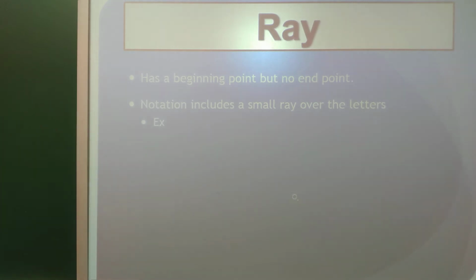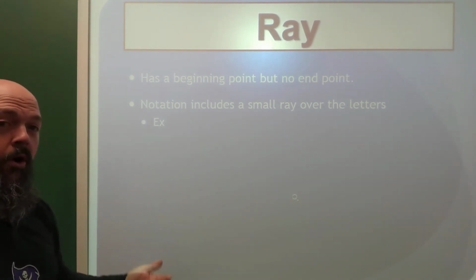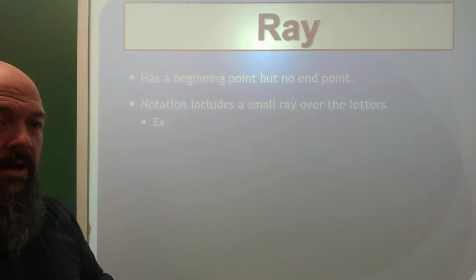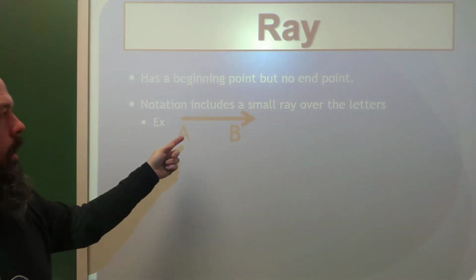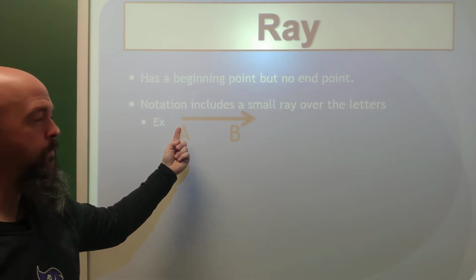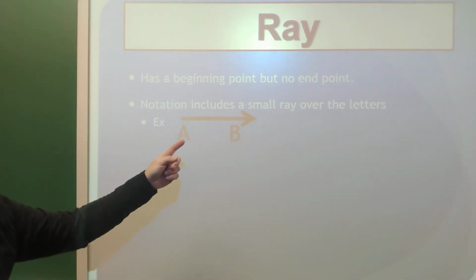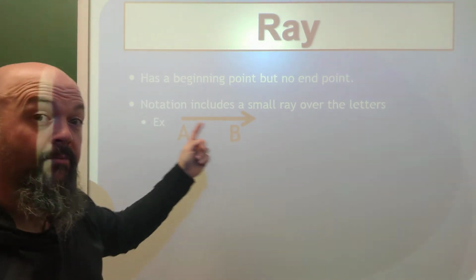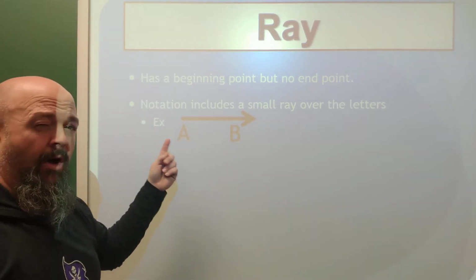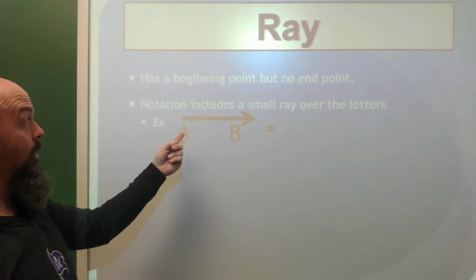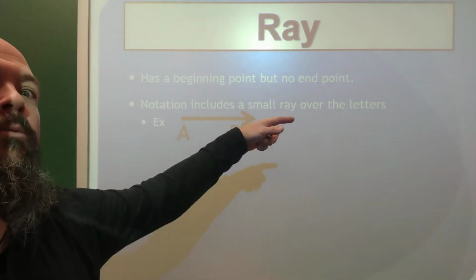Anyways, notating a ray, again, guess what? Same thing, put a ray over the labeling of the rays. So we have our ray, a beginning point, A, to an ongoing point, B. Now, when we get into more like rays, you definitely want to make sure you're notating with the beginning point first. So obviously, this needs to be an A-B identification because that is your starting point, that's your ongoing point.